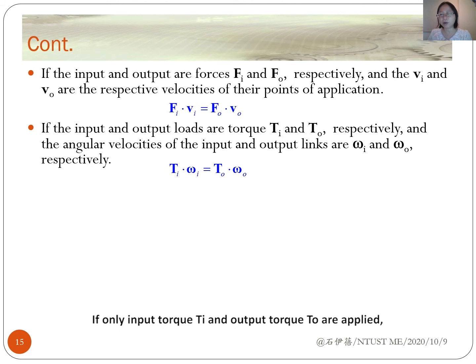If only input torque Ti and output torque To are applied, where omega i and omega o are the angular velocities of the input and output links respectively, the equation of conservation of power will be like this.